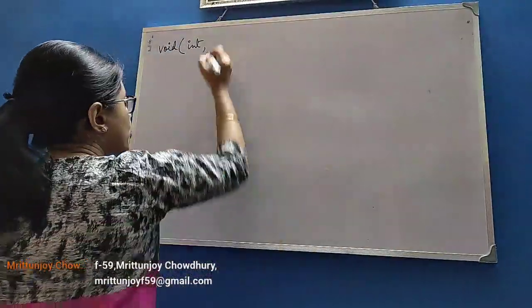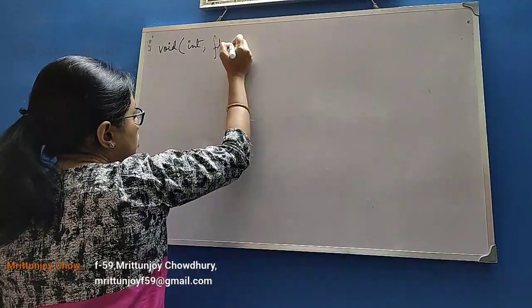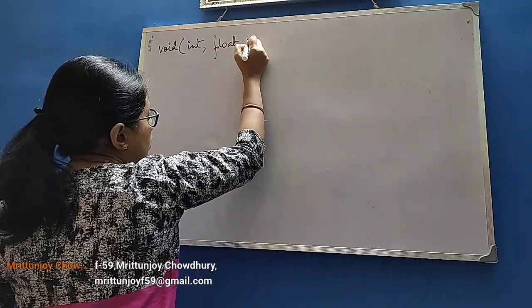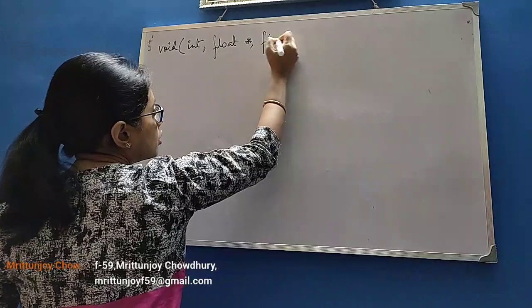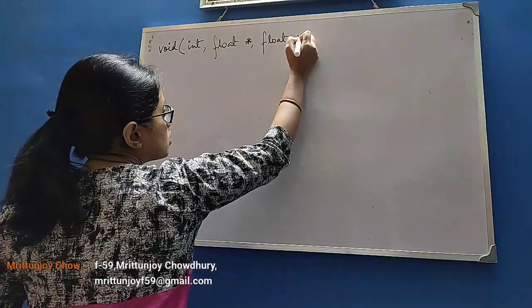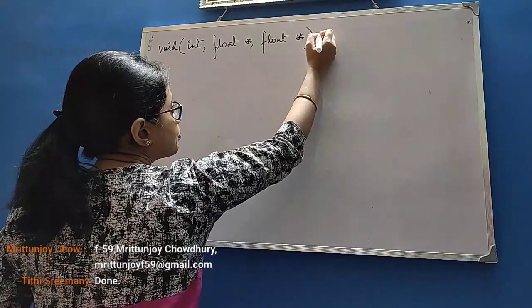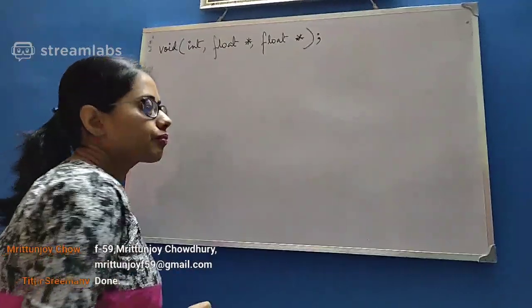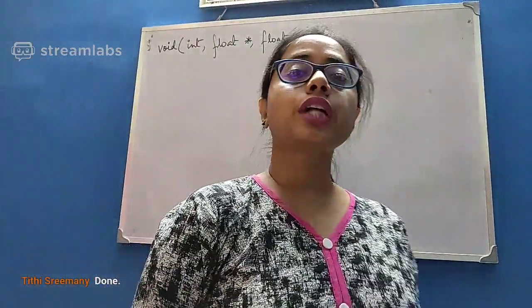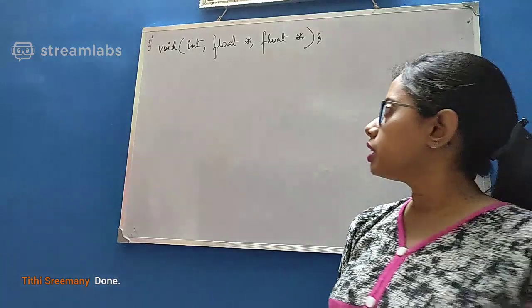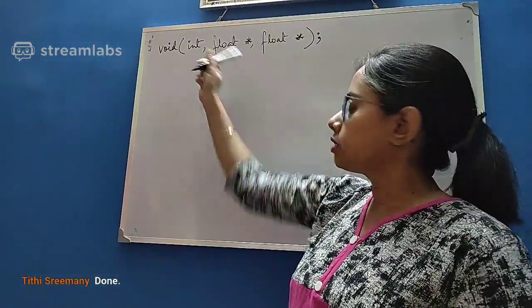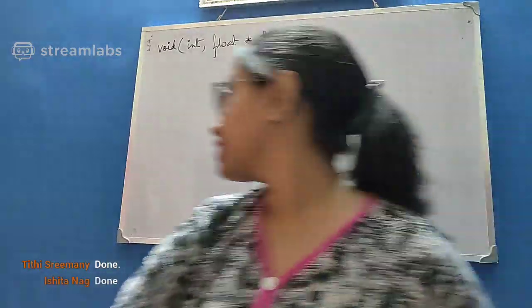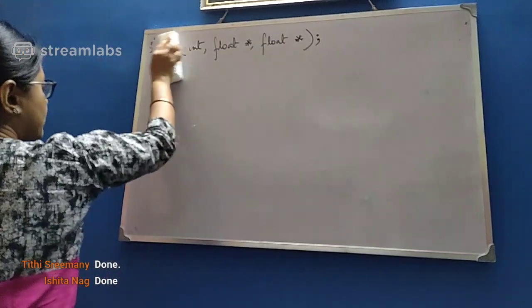So we will take the data types of area and perimeter as float. Okay, so float star, again float star. This is the prototype declaration for the function. Is it clear? So void, sorry, I forgot the name of the function. Just one sec.